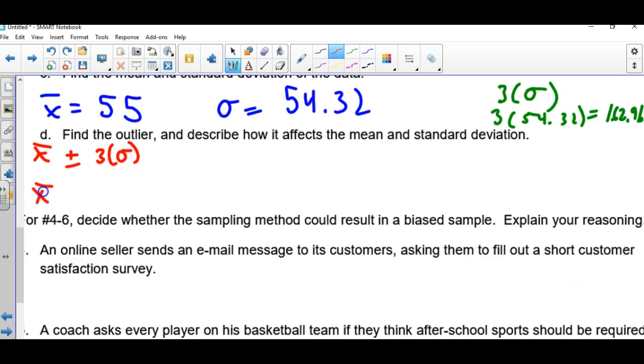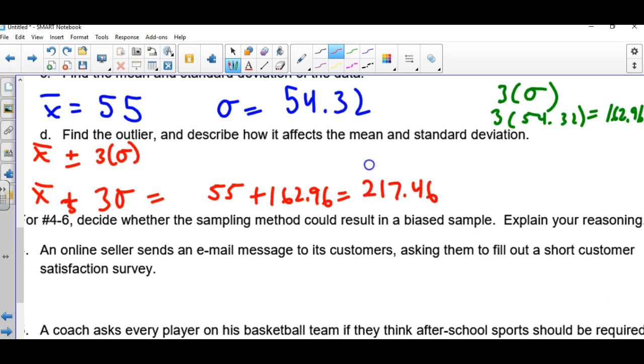If I take the mean and add 3 times the standard deviation, 55 plus 162.96, we'll get 217.46.